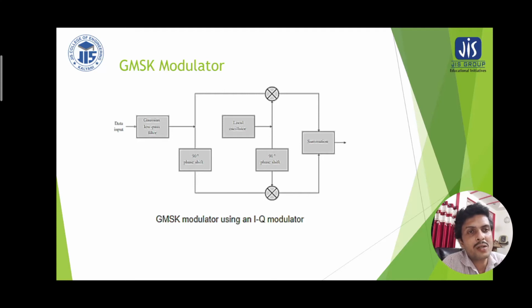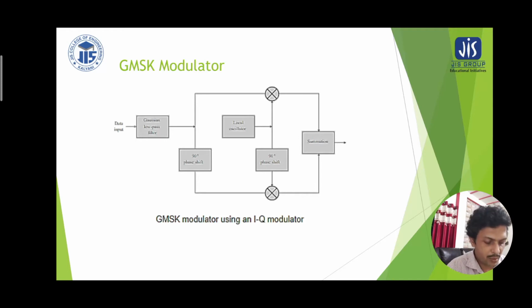At the top side, normally cosine signals are fed, and at the bottom side a 90-degree phase shift is allowed to produce a quadrature effect of the carrier signal. Thereafter the product of the multipliers is fed to the summer, and in this way we are also able to produce the GMSK signal.